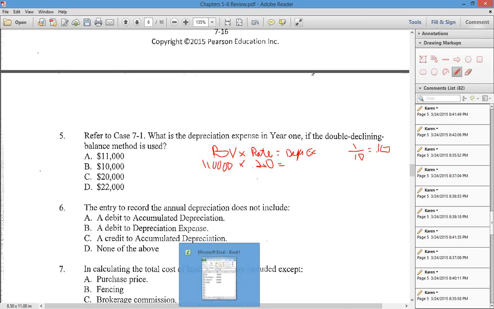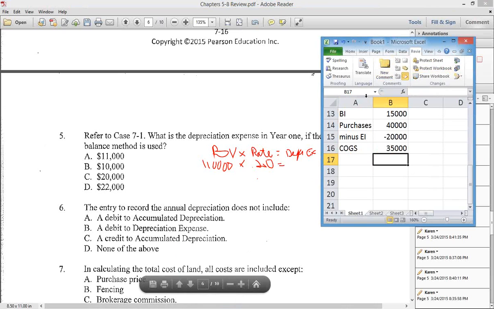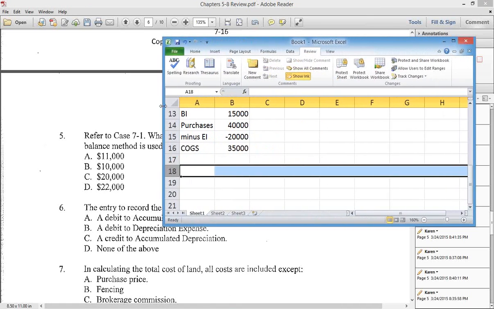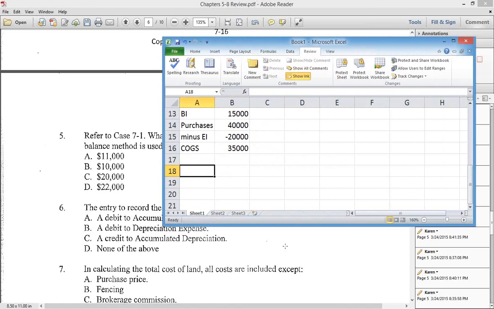Let me pull back up my depreciation table in Excel here. I think you can see it better in Excel. So I said book value times rate equals depreciation expense. My book value in the beginning was 110.